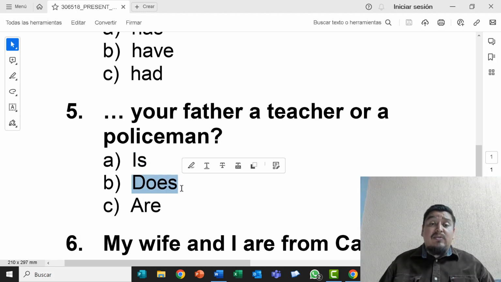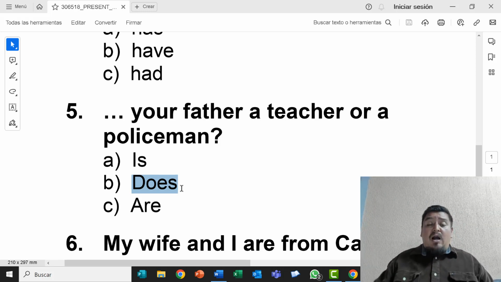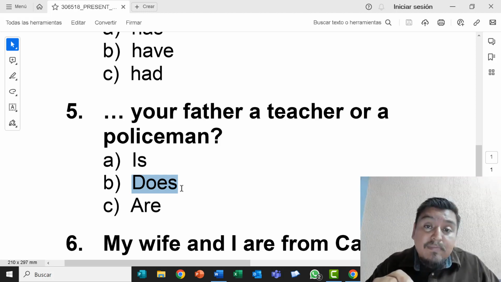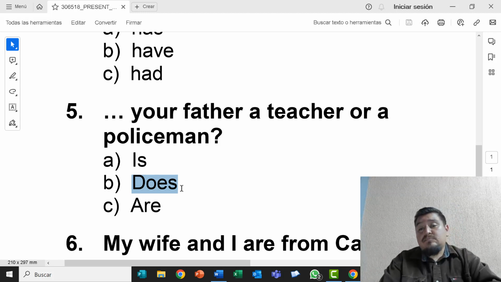Observa que si tú quisieras usar does. So pay attention on this. If you say, I'm going to use does, okay, use does. But you are going to use a verb. And where is the verb? I can't see where the verb is.